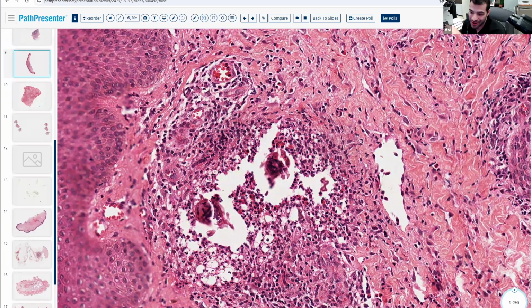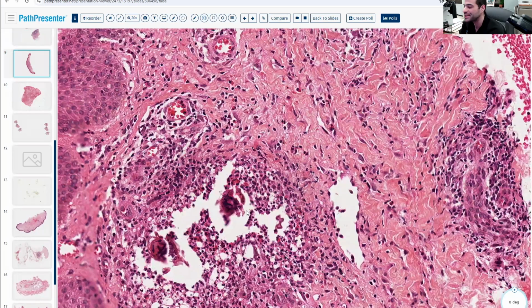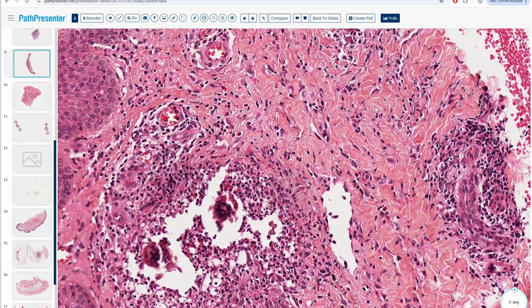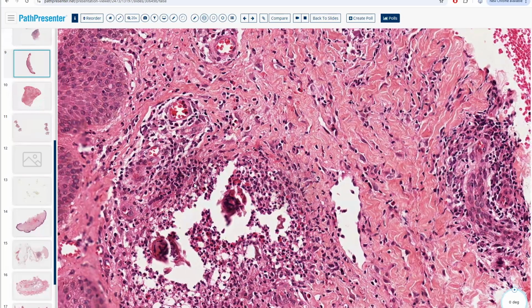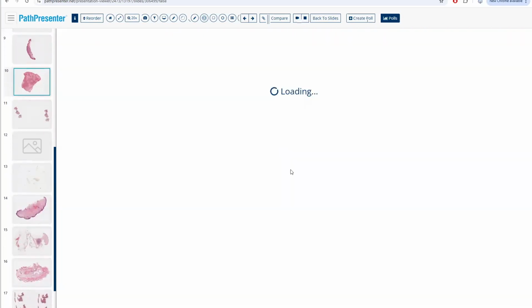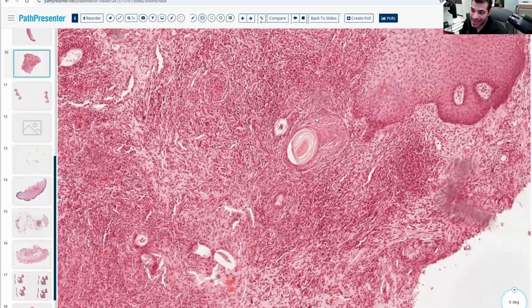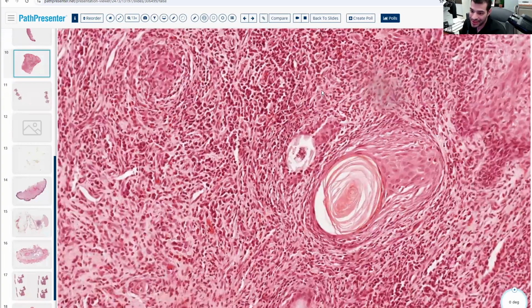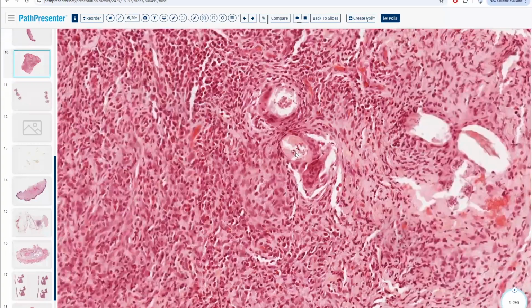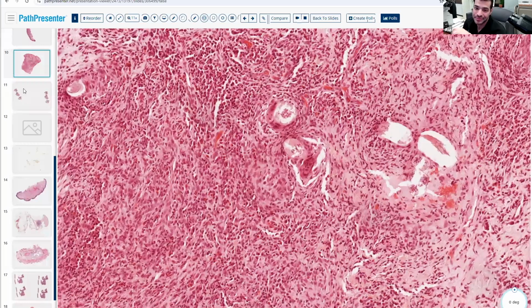I think this is kind of artifacted, so it's laterally placed. If it's laterally placed, you're thinking Schistosoma mansoni. And if it barely has any spine at all, then it's Schistosoma japonicum. Very good.